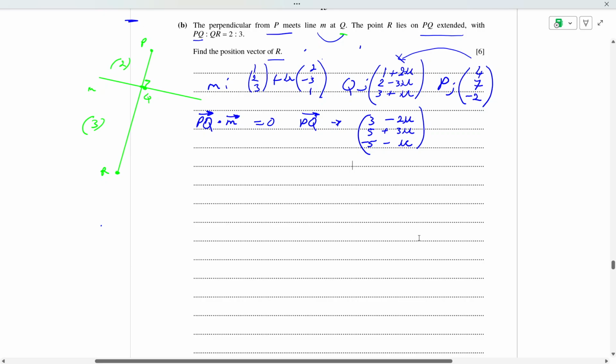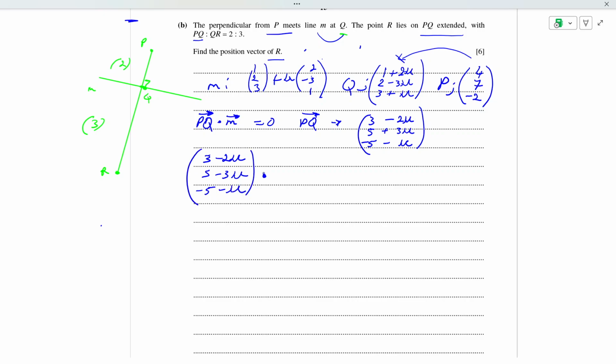Once we have that, we want to find the dot product. So we have (3 minus 2 mu, 5 minus 3 mu, -5 minus mu) dot product with the direction of M, which in this case is (2, -3, 1).